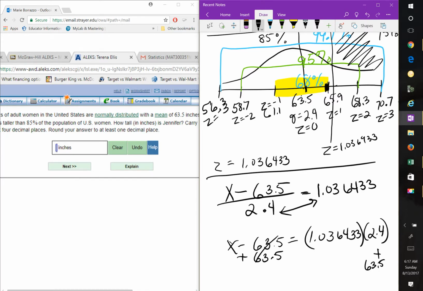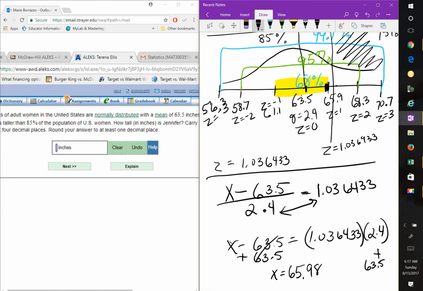Alright, and so this will cancel here, leaving you x equals. So, using a calculator, you will take 1.036433 times 2.4, and you're going to add 63.5 to get 65.987.